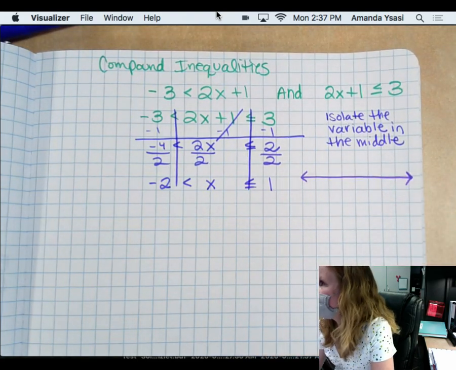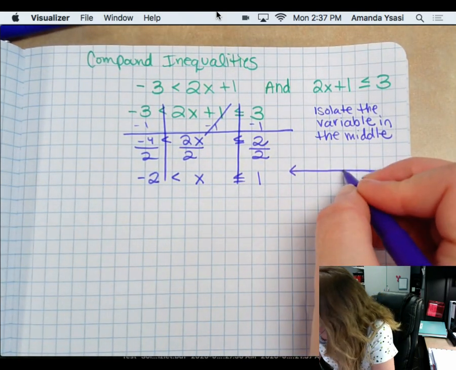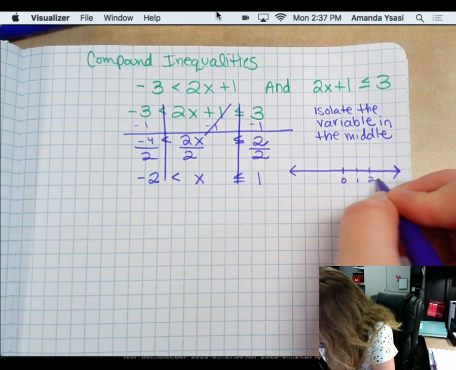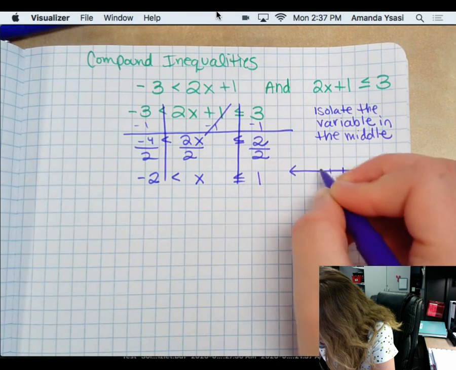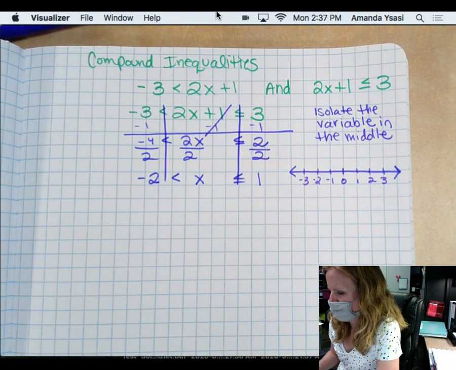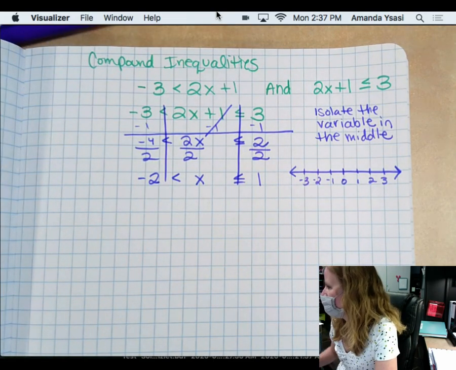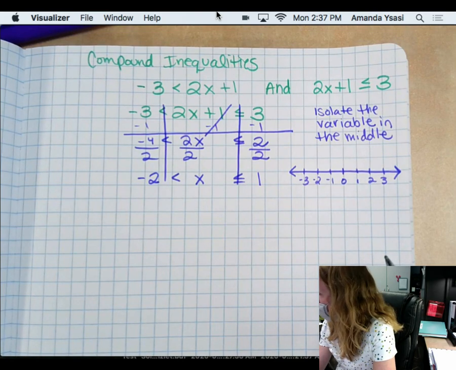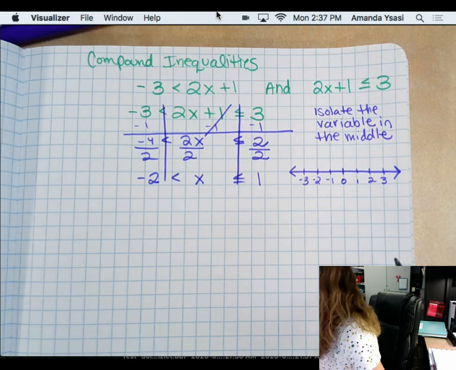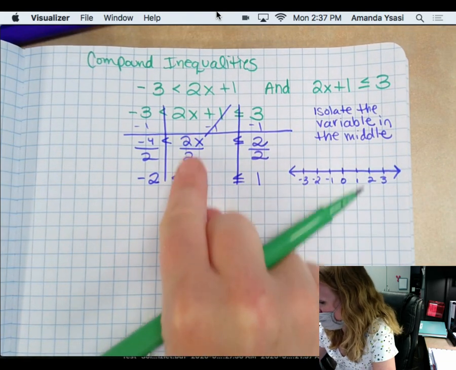So our number line, we'll go ahead and draw that. So we know we have to have -2 and we have to have 1. So I can put a 0, 1, 2, 3, -1, -2, -3. No, we don't flip the signs because I divided by a +2.